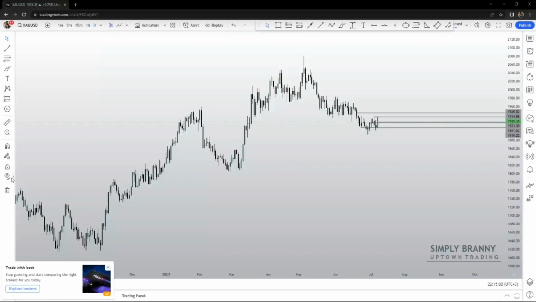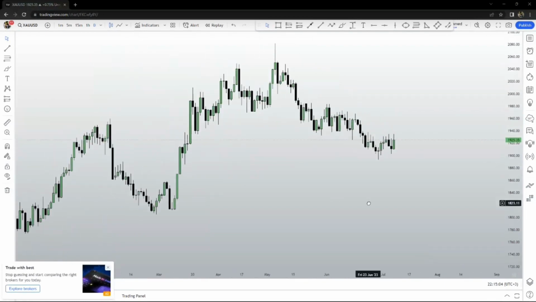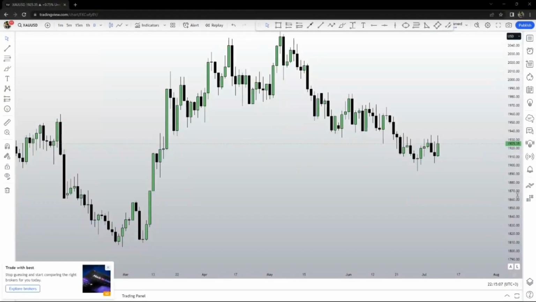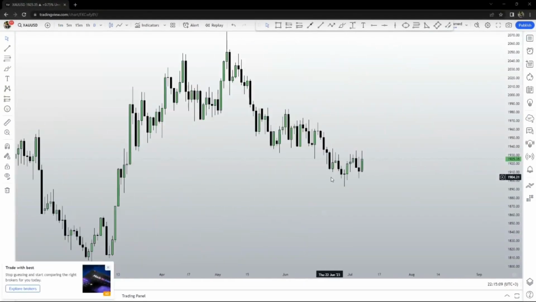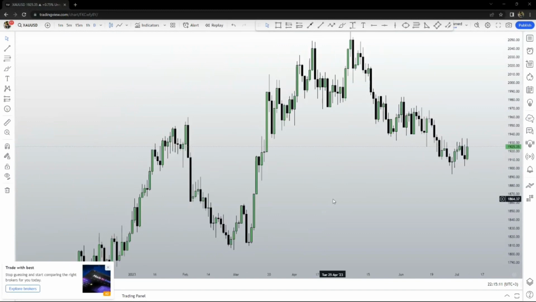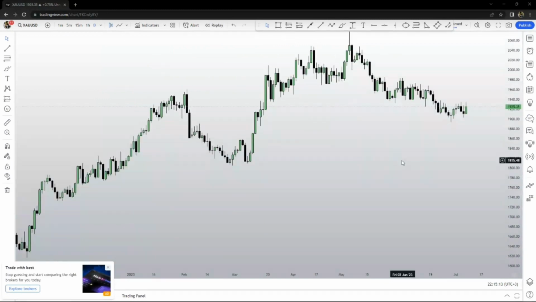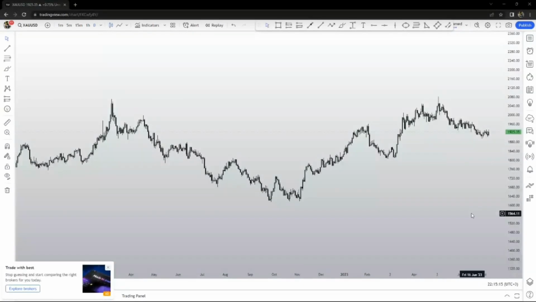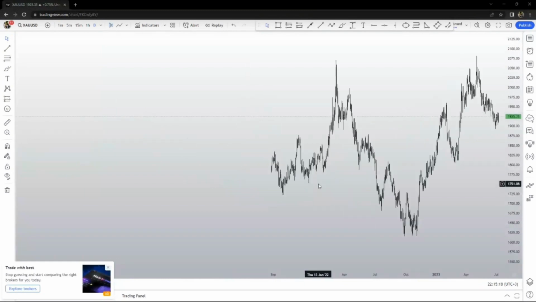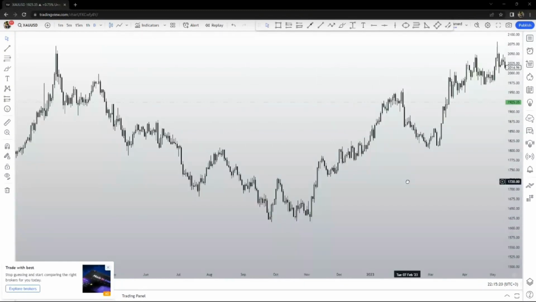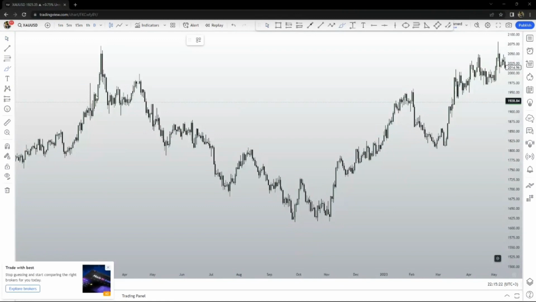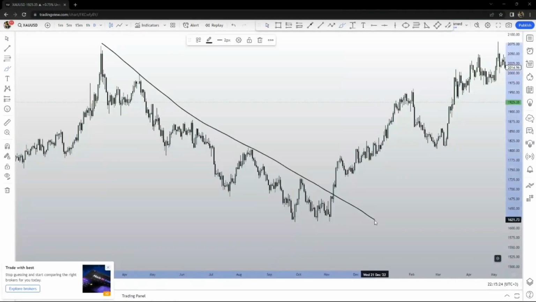So I'm going to delete all the lines here, and you can see it is just a fresh chart. And guys, I know if you're learning, you know what is called bullish and bearish. When the market is in a downtrend, that is a bearish market structure, which means it's making lower lows and lower highs, lower lows and lower highs.